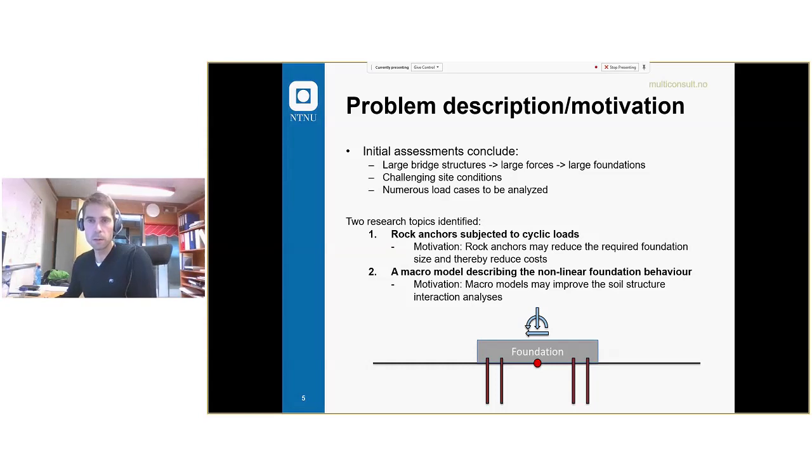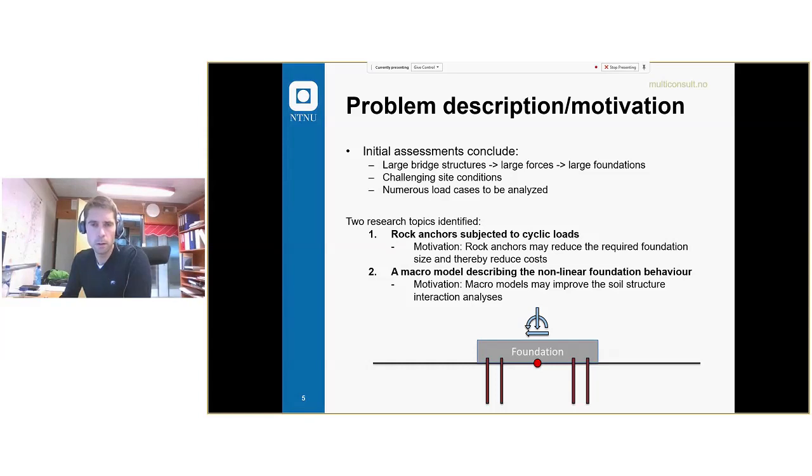So both of these topics concern foundation design of bridges, but also other foundation structures in general. And foundation capacity is one of the prime topics within geotechnics. Larger foundations mean larger capacity, but it may also imply a larger cost and a negative schedule impact.